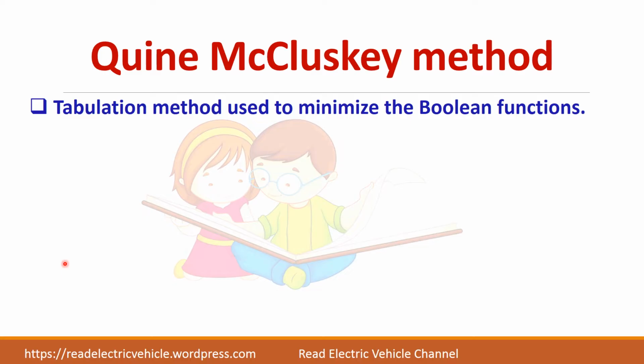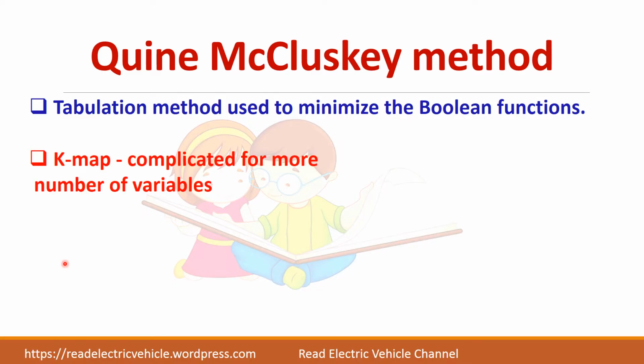We have already seen about K-map, which is used to minimize the Boolean function. But in case of K-map, when the input variables are fewer, 2, 3 or 4, it is easy to apply K-map to reduce the Boolean function.